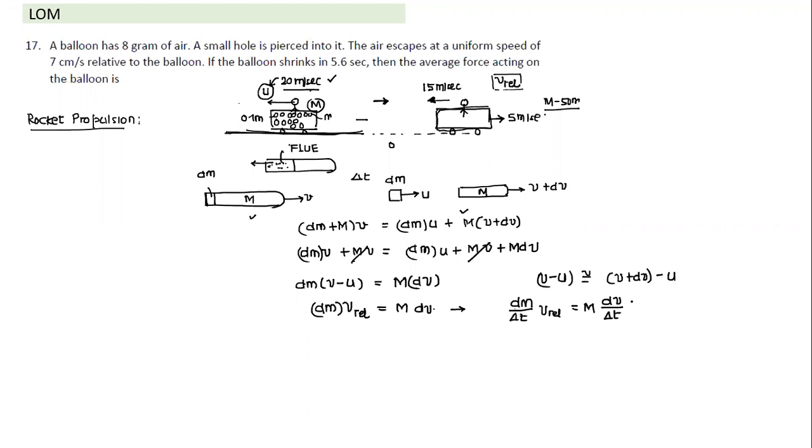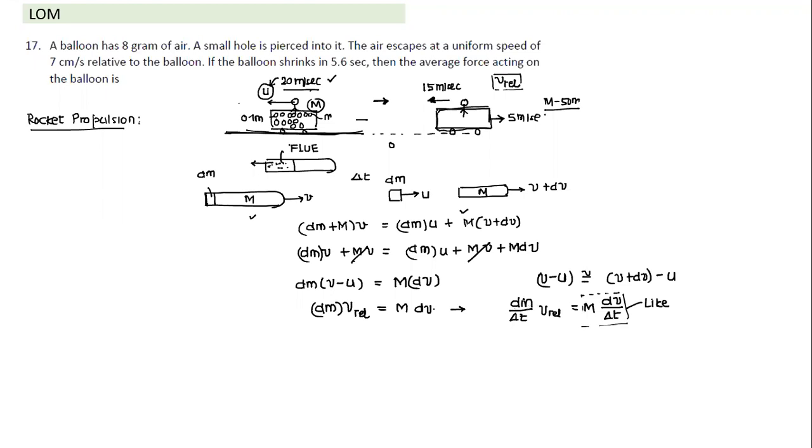As far as the remaining part of the rocket is concerned, this term is mass into acceleration, which is like a force. And dm by dt is the rate at which flue gas is exiting the rocket, the rate at which mass is getting lost. So it will behave as if a constant force.